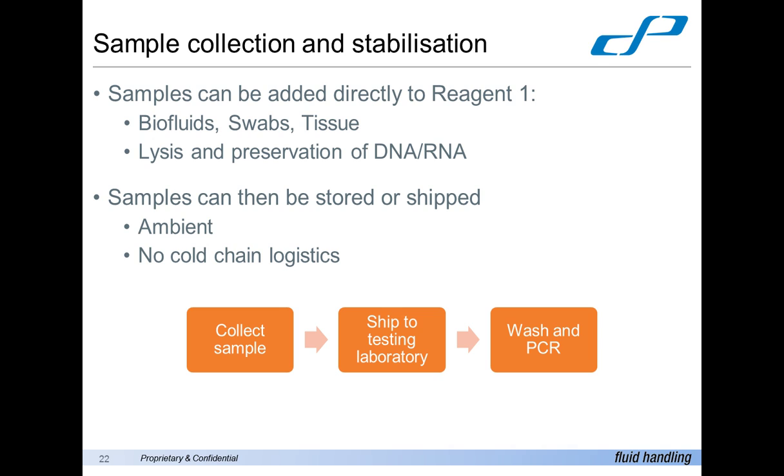Now we've got data which extends out way beyond 30 days, but right now we're very confident that RNA and DNA molecules, all of the population is completely protected for 30 days on your bench at room temperature. So this opens up opportunities for maybe people who are collecting samples and they need to batch them before they process them. You can keep them on the bench in reagent 1.